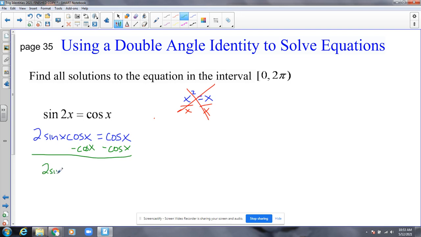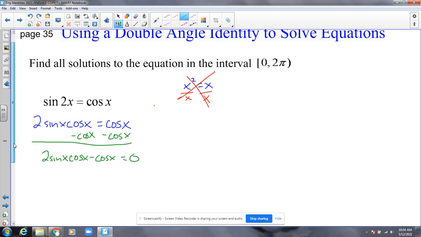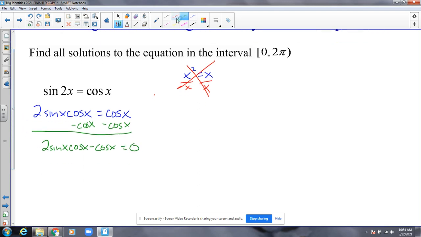So what I can do is subtract cos x from both sides. Careful, those are not like terms. So now we're here, and we're making progress. It looks like we're getting closer to a solution. At this point, I can factor out a cosine x term, and I'm left with 2 sine x minus 1 equals 0.